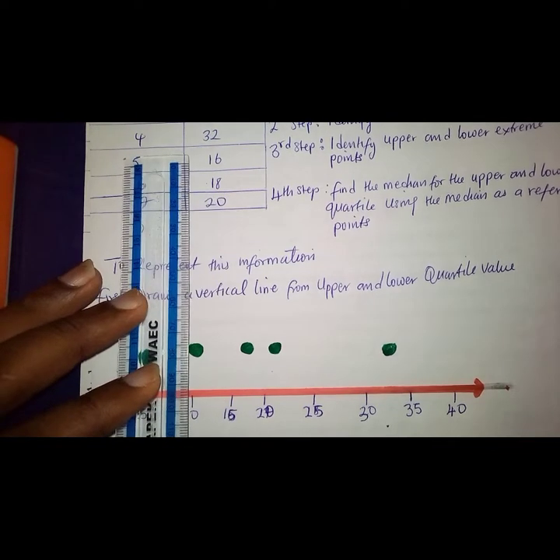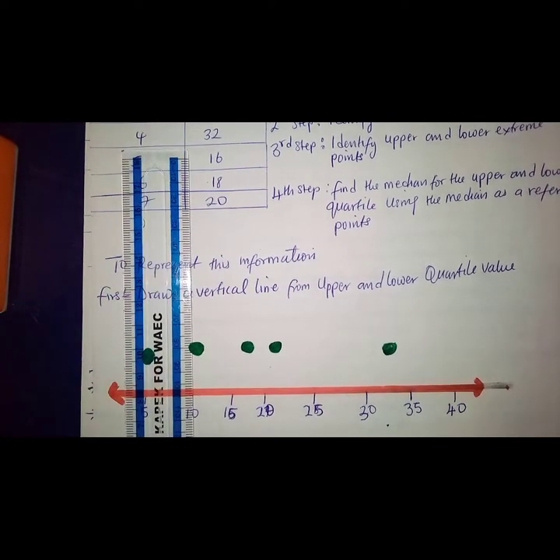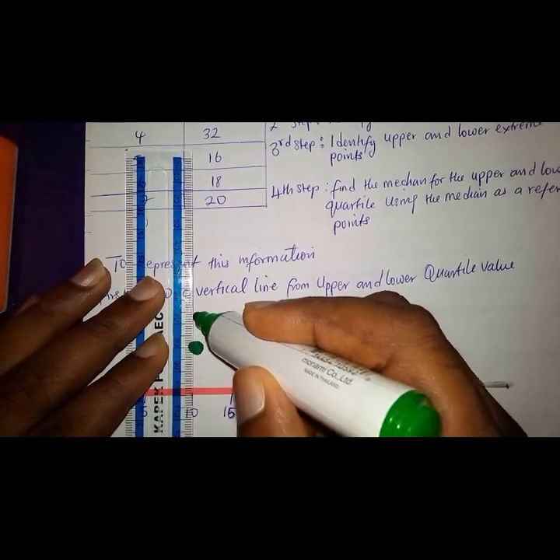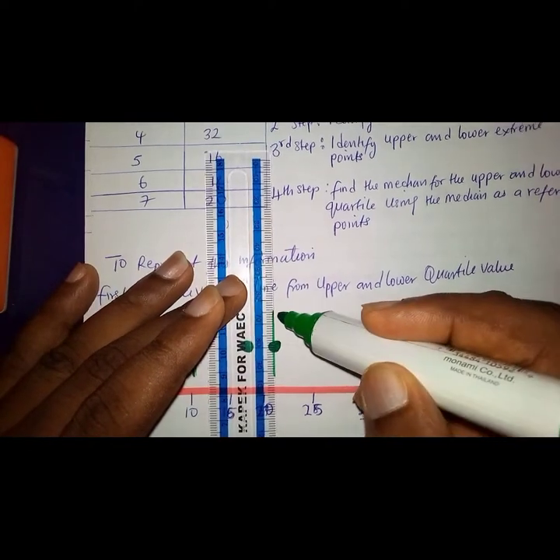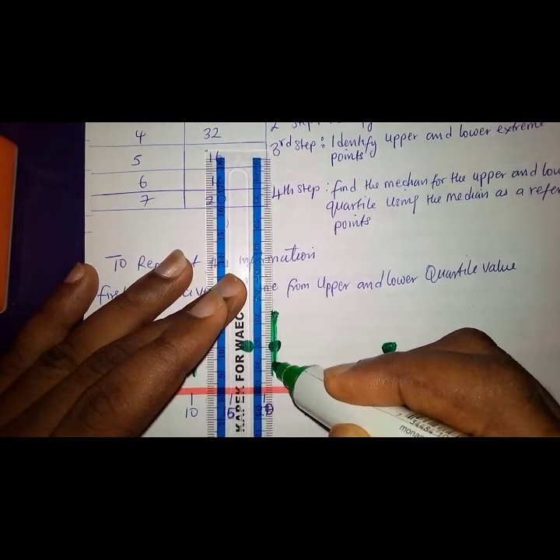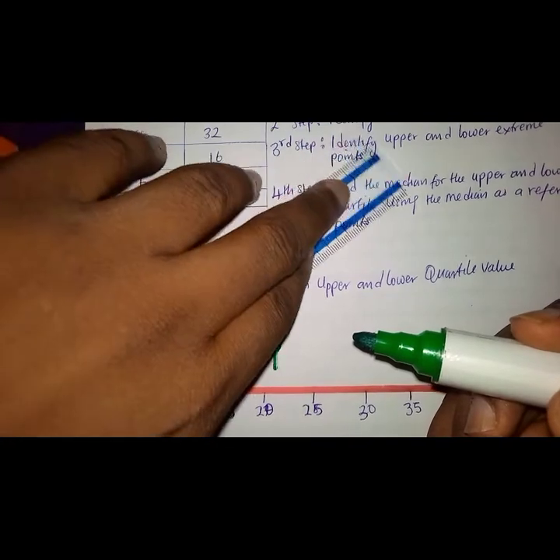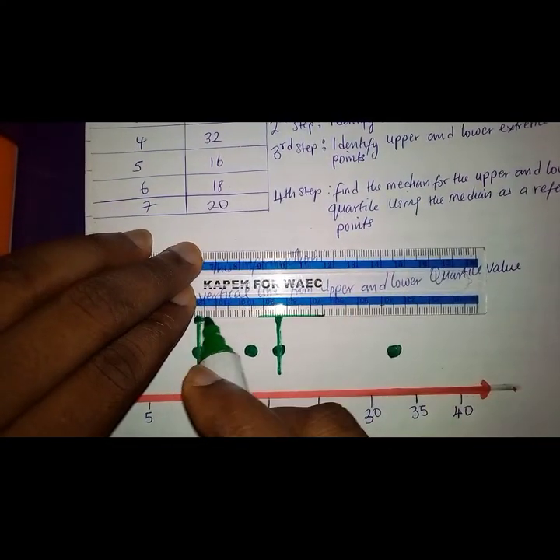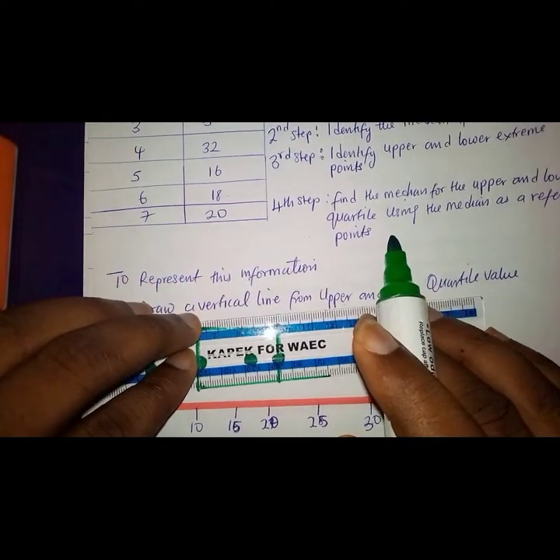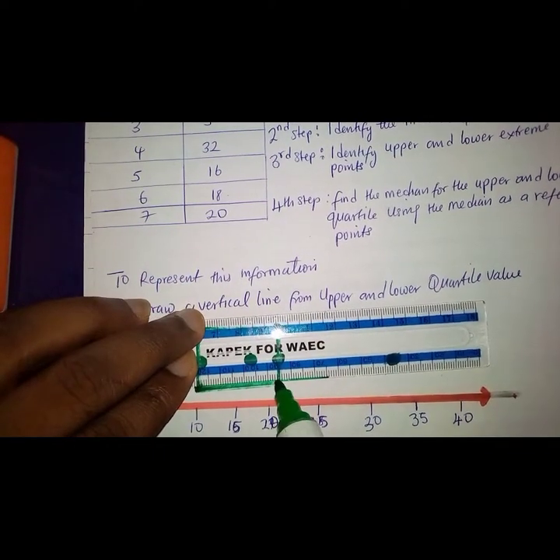We draw our first line from here up. We also go here and draw up to enclose the median. Now we enclose the median, and it will be inside a box.